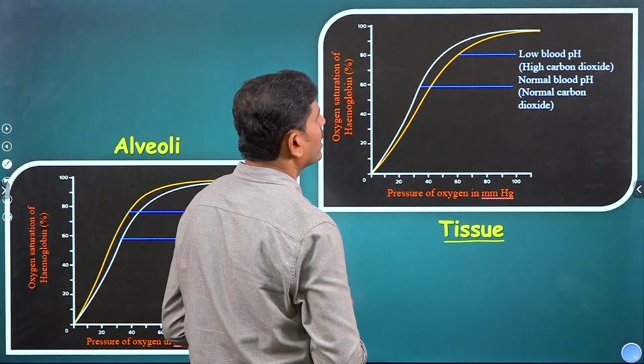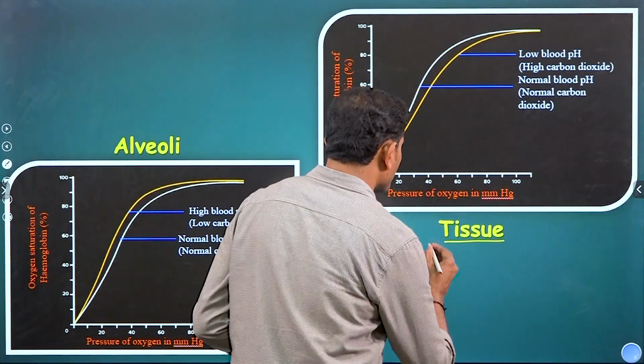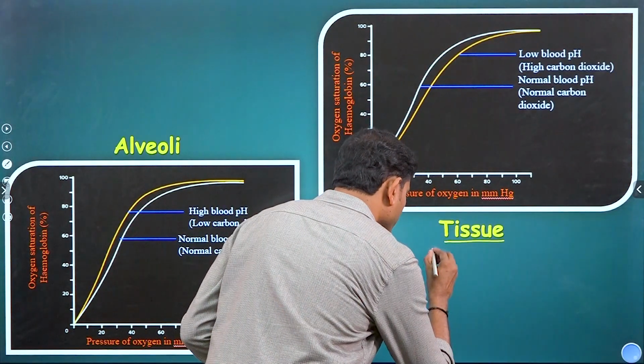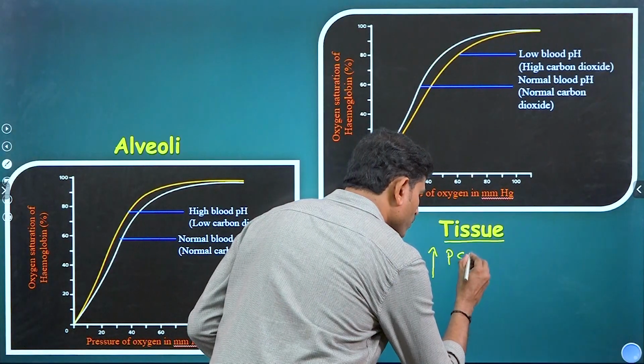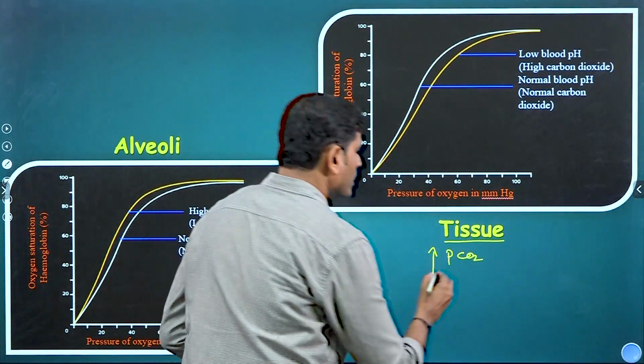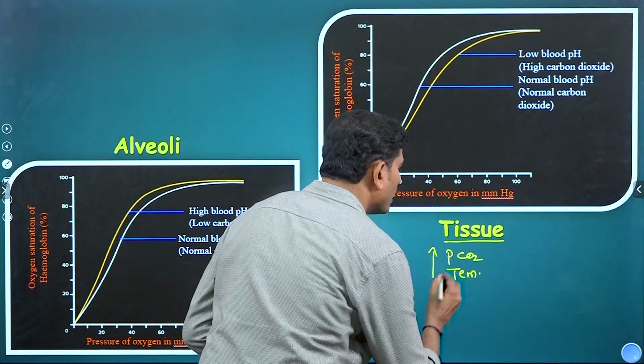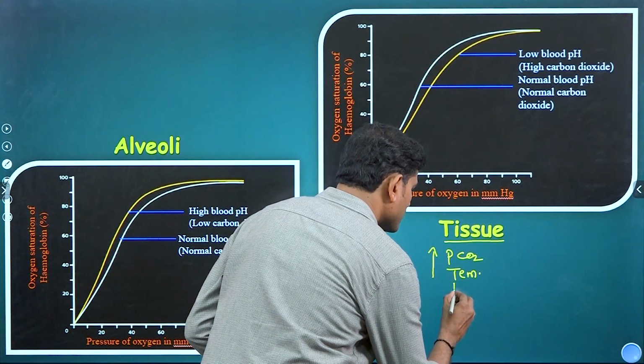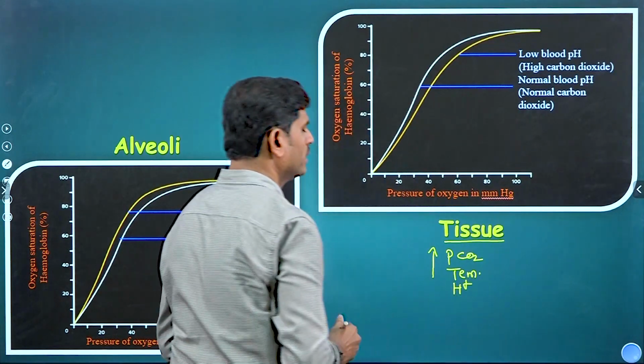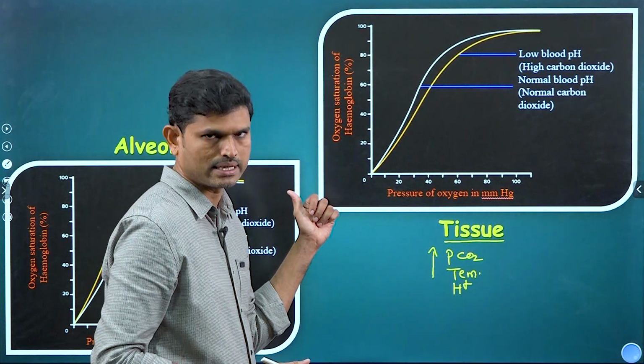In tissues, what will be the conditions? In tissues, the partial pressure of CO2 is more, temperature is more, and the concentration of H plus ions is also more. These factors we already discussed.